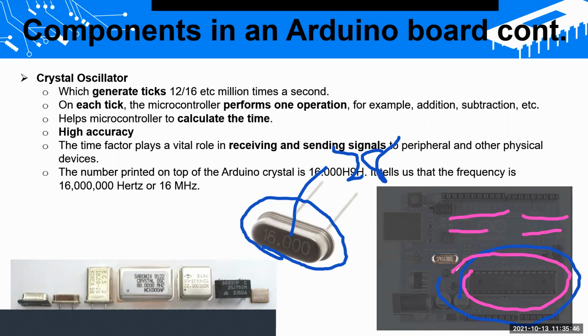You can increase it a little bit, like overclocking a CPU, right? If it is 16, you can go for 18 or something like that, but it will drain more power and generate more heat.